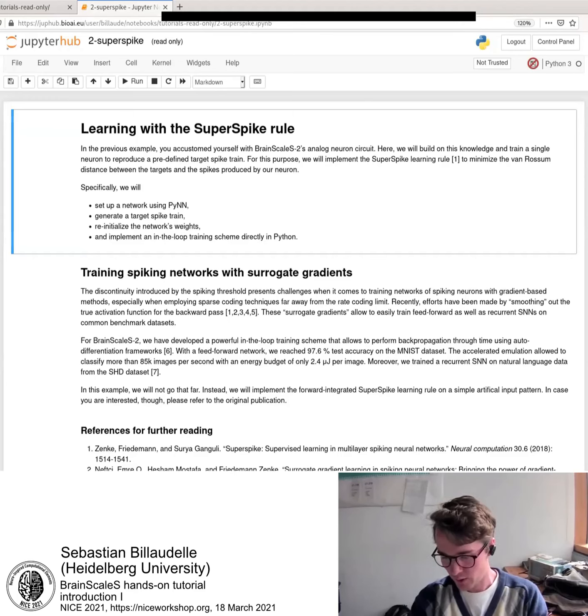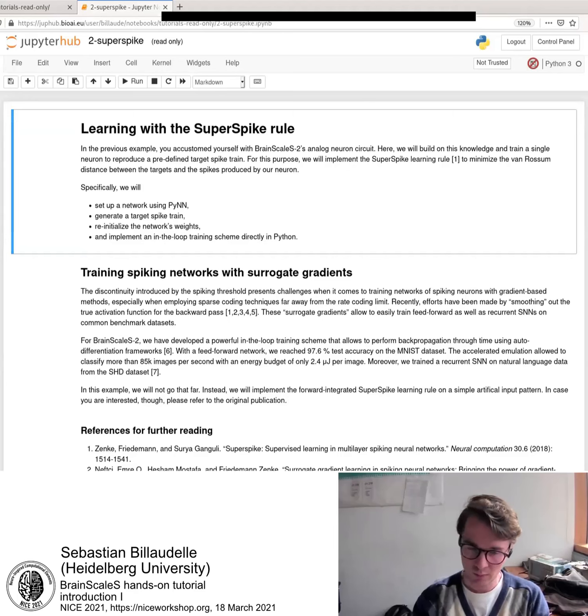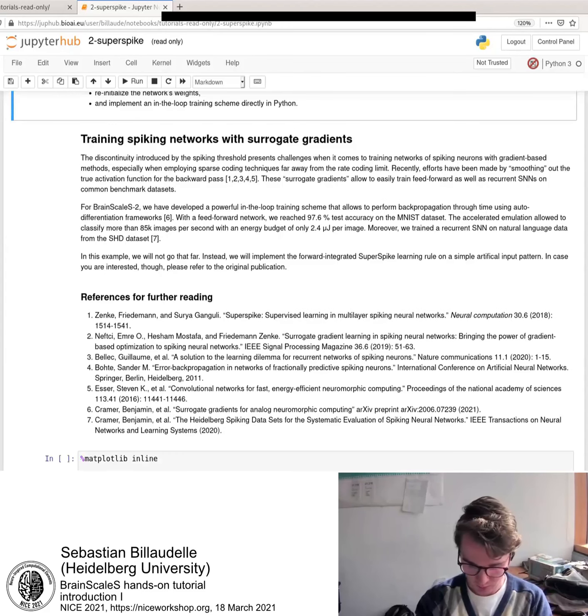And there are some different methods for that. You can do so in a brute-force backpropagation through time setting, where you optimize your network using an auto-differentiation framework such as PyTorch or TensorFlow. This is, for example, what we have done in a recent publication together with Friedemann Zenke.